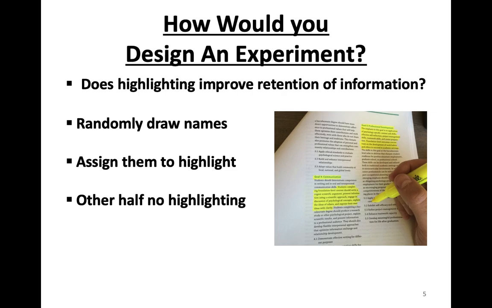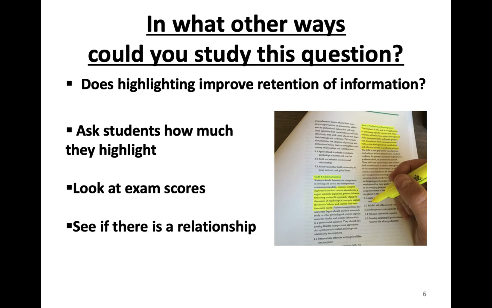So what we want to do is we want to make it random. We want to make it random who is assigned to read the passage of text with the highlighter and who is not. And by doing this, we even out any of those pre-existing differences. Okay, that could be academic aptitude. That could be experience with a highlighter, and so on.